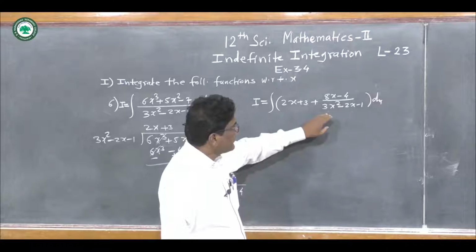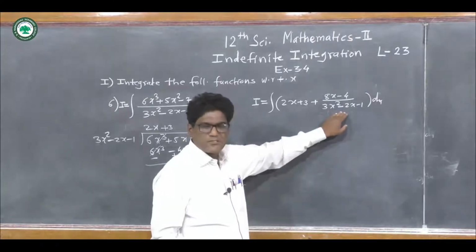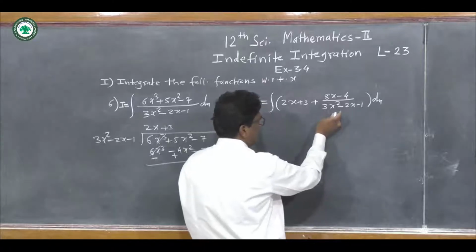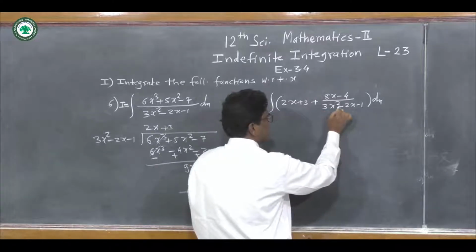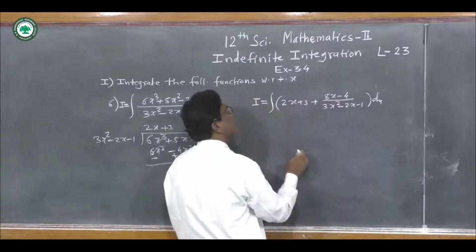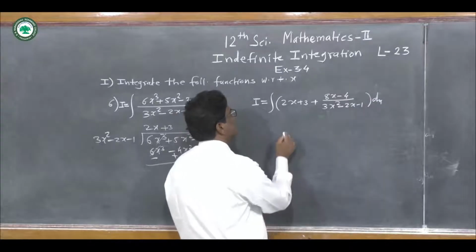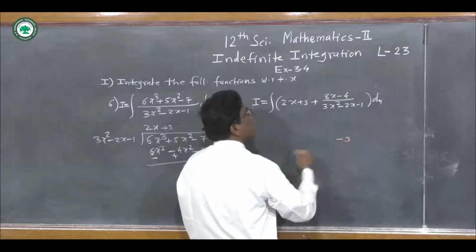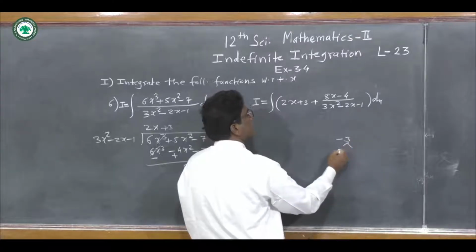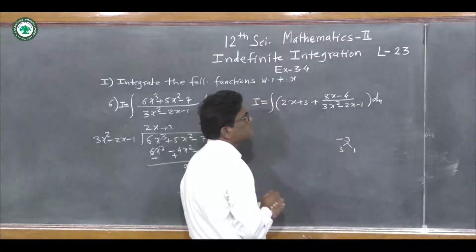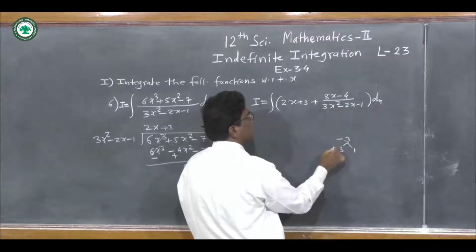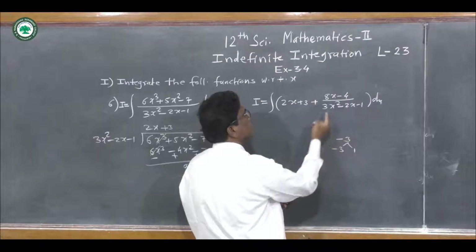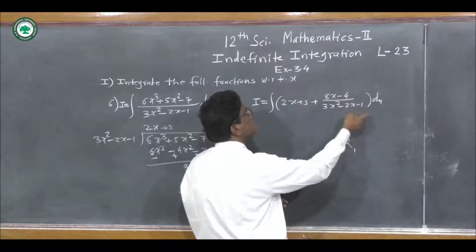Now here we factor this denominator 3x square minus 2x minus 1. We take the calculation separately and then put the factors directly. So 3 into minus 1 is minus 3. We factor this minus 3: 3 ones are 3, and we want minus 2, so take minus 3 and plus 1. Minus 3 plus 1 is minus 2, and minus 3 into 1 is minus 3.